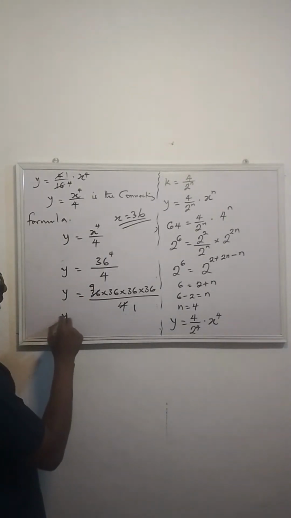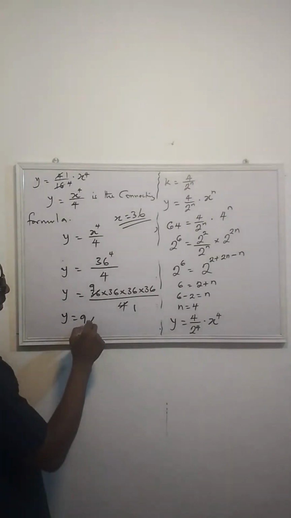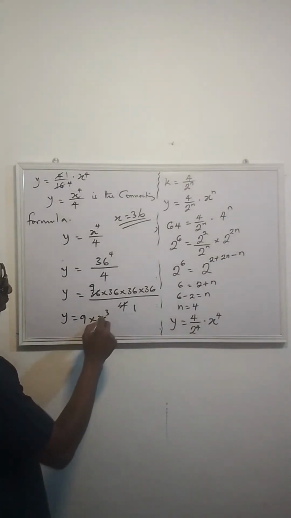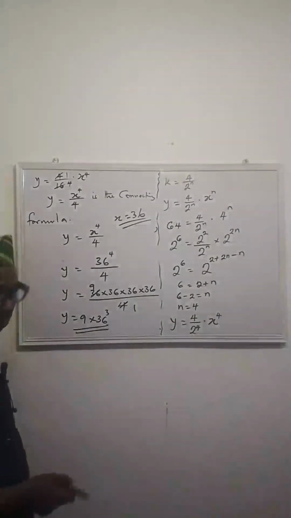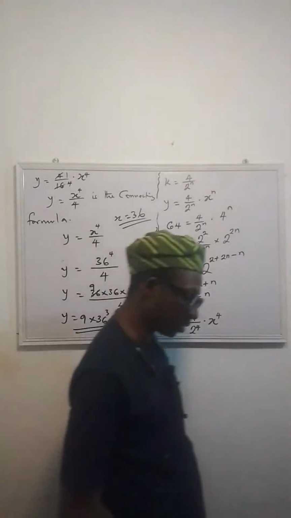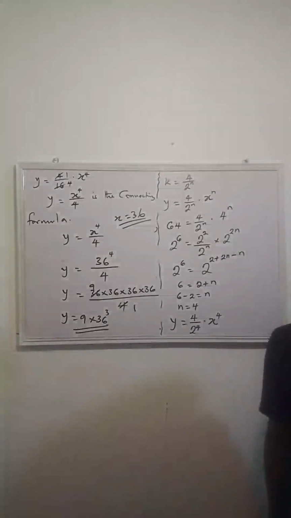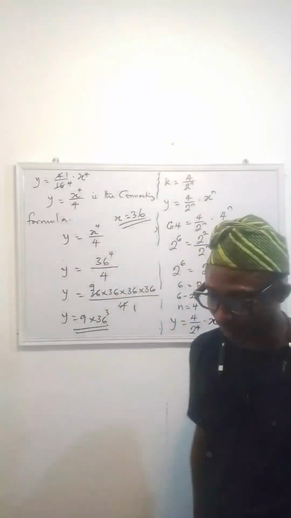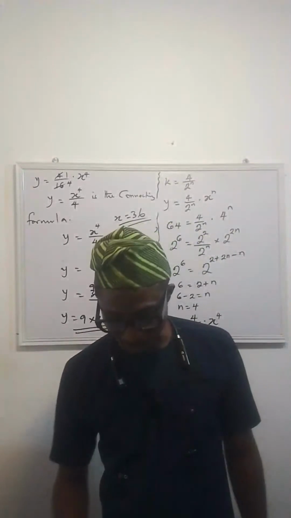So y equals 9 times 36 raised to the power of 3. This is going to be your answer. If you can simplify further with your calculator, you can do that, and that's the answer to the problem.